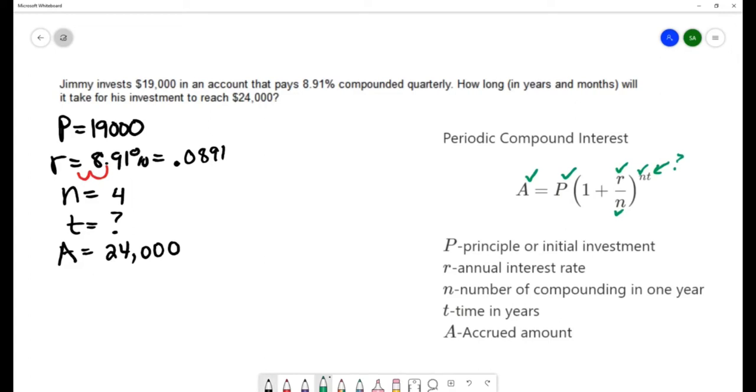So let's substitute the values in, and that would give the equation 24,000 equals 19,000 times 1 plus 0.0891 over 4 to the 4t. I'm going to write this again and give myself just a little bit more space.